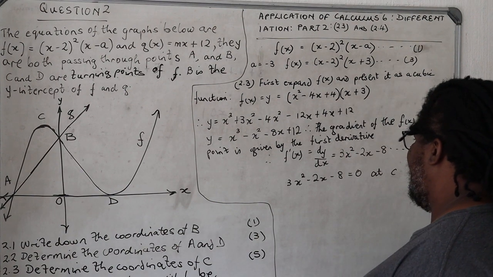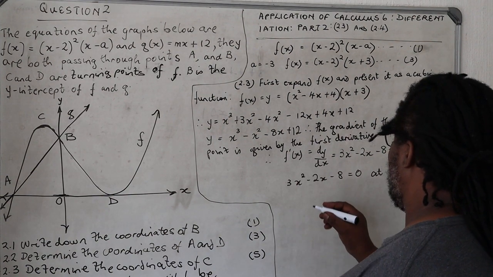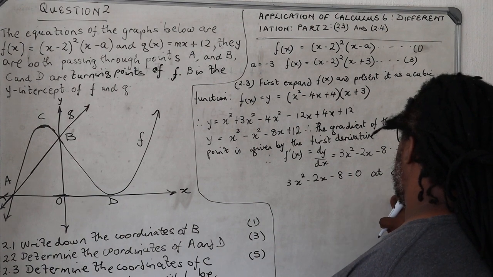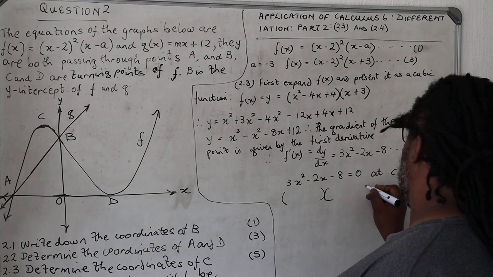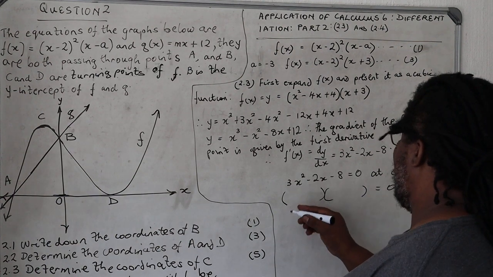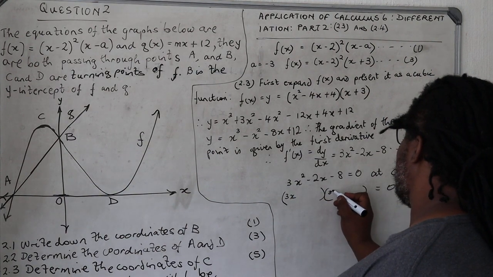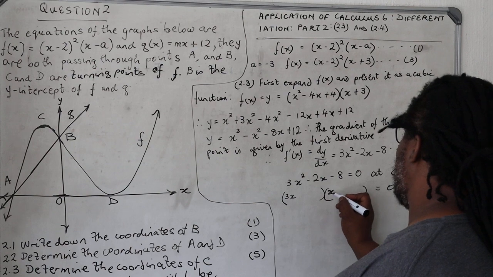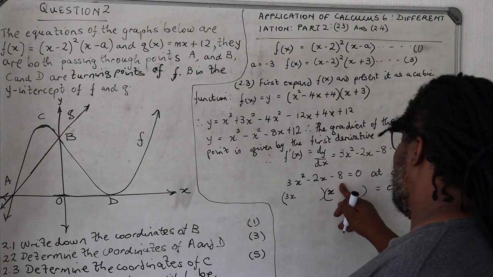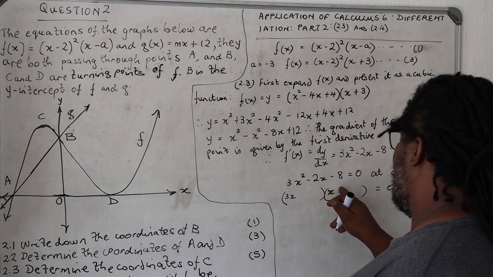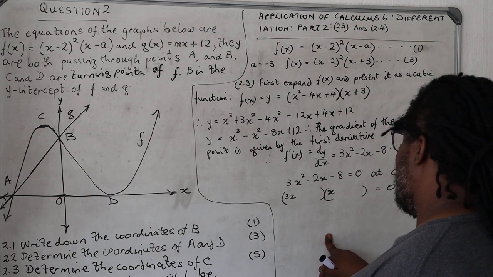That is point C. Then for us to get the value of x there, we factorize. So here we can say 3x, and here we can say x, and two values that multiply to give 8 and also give a difference of 2 after multiplying by 3.